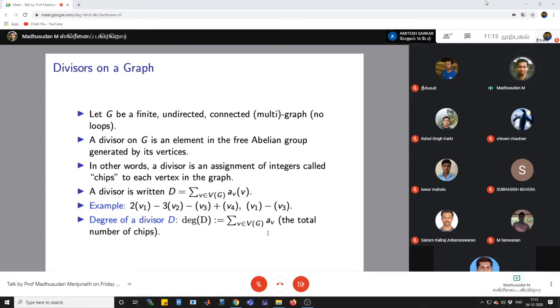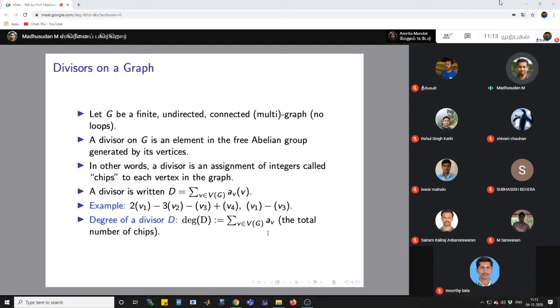The degree of D is just the sum over all the coefficients a_v in your divisor. So you sum over all a_v, v in the set of vertices of G, and this is the degree of your divisor. So in our example, the first example, the degree will be minus 1. Right? If you sum over all the coefficients, you will get minus 1. And in the second example, the degree will be 0.